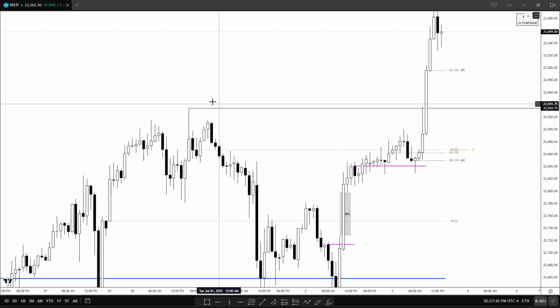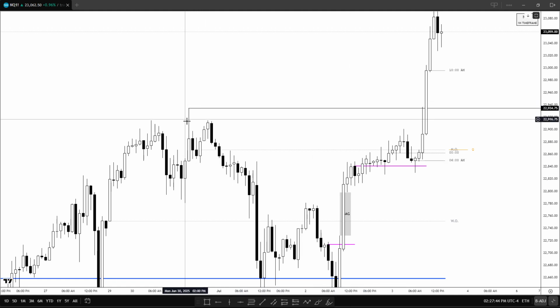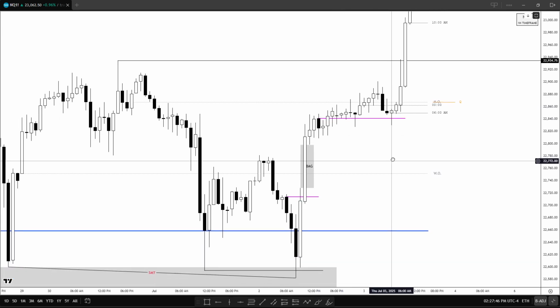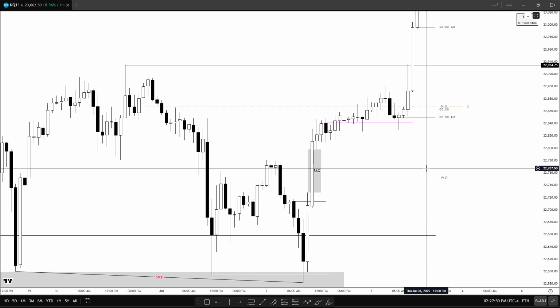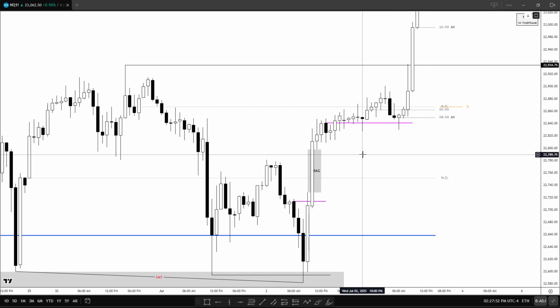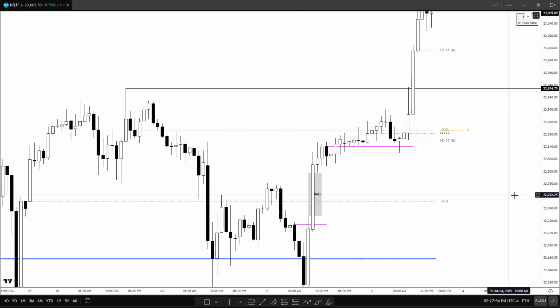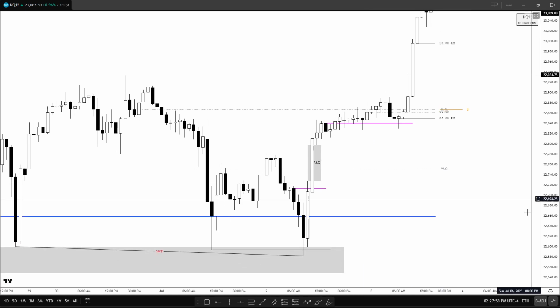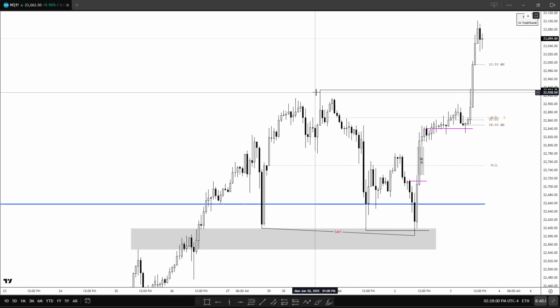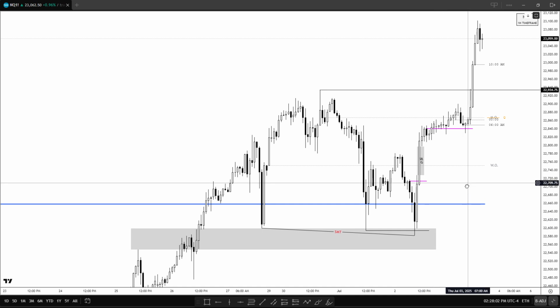So if we know that the higher target is up here, every single PD array, the higher time frame PD array that you're aligning yourself within the weekly candle going long is going to be higher probability because you are playing with narrative here. You know where the drawn liquidity is. You have confirmation.